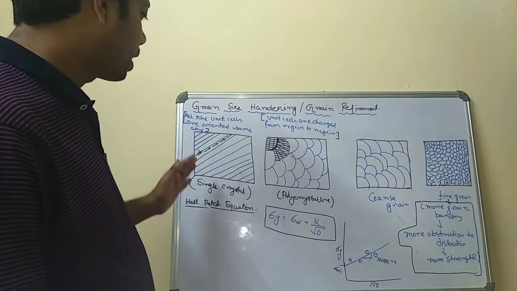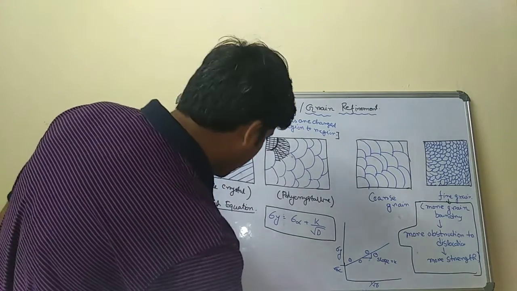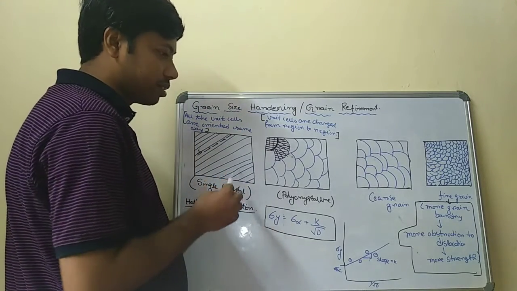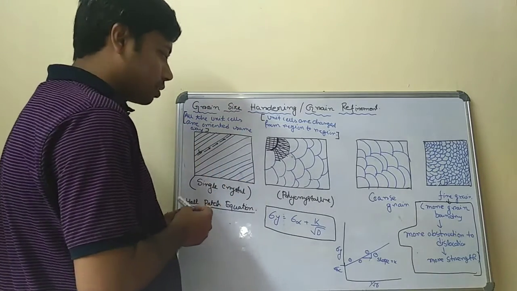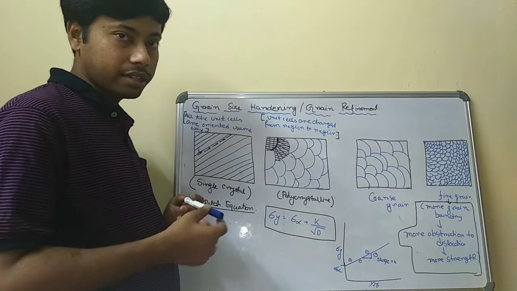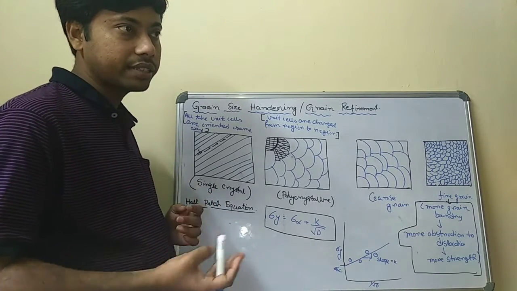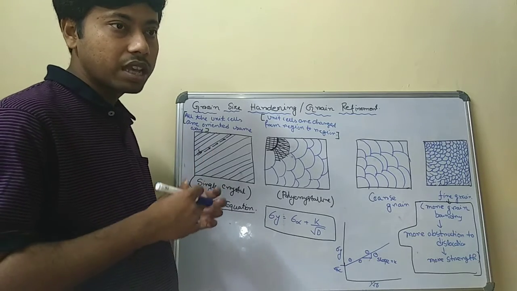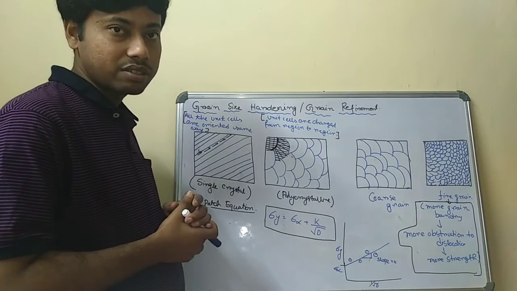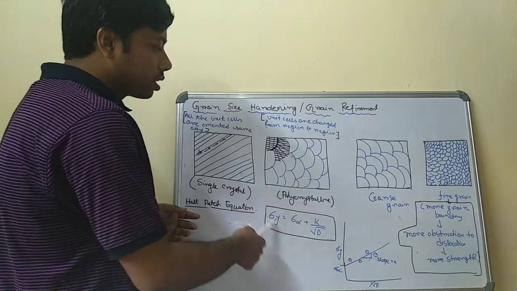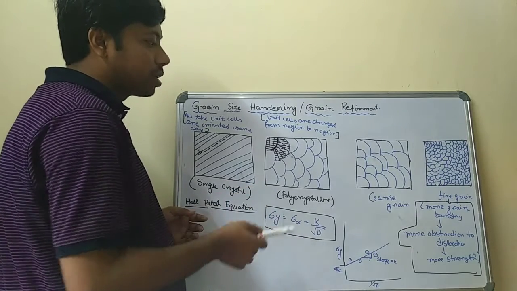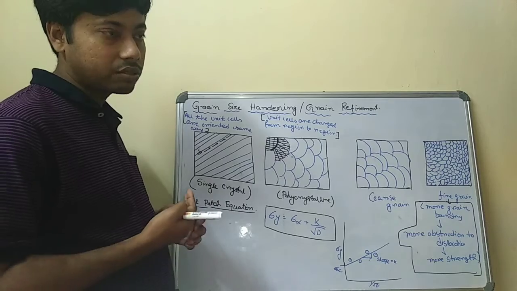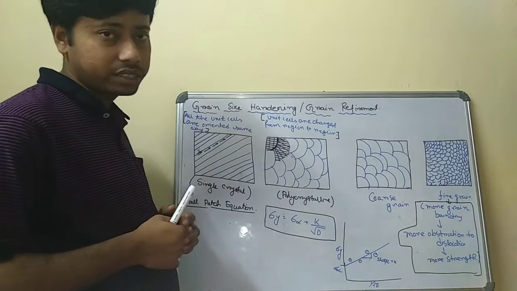First of all, we have to know what a single crystal is and what a polycrystalline material is. A single crystalline material has only one crystal. If a material has more than one crystal, that is called a polycrystalline material.